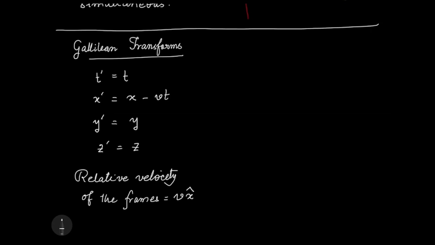From the postulates of relativity, we can actually derive new transformation laws. The derivation is out of the context of this course, but I will write down the transformation laws here. It's called Lorentz transformation laws.